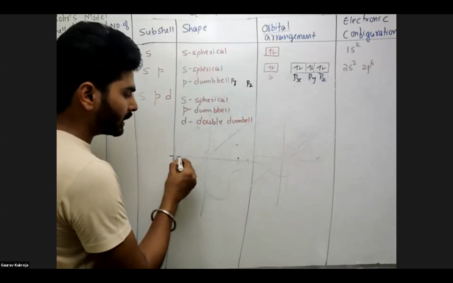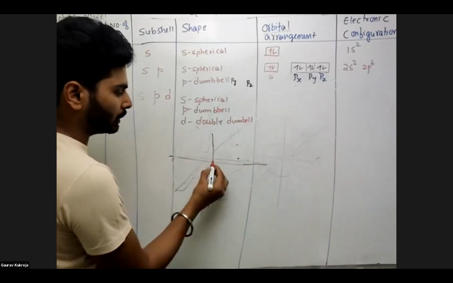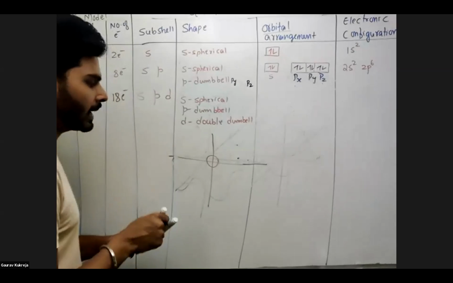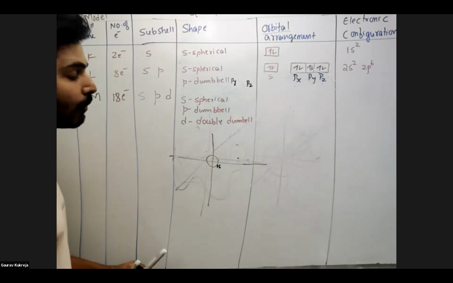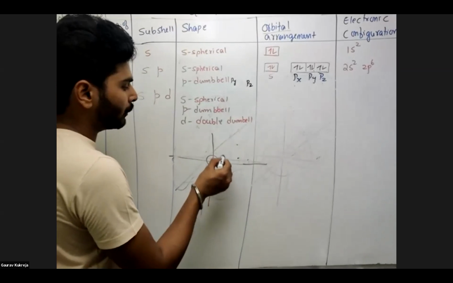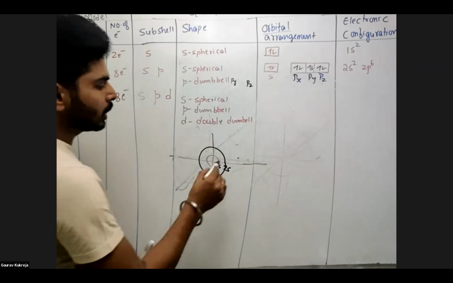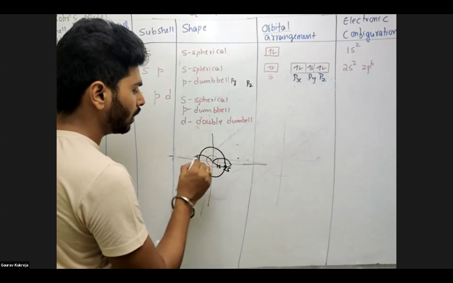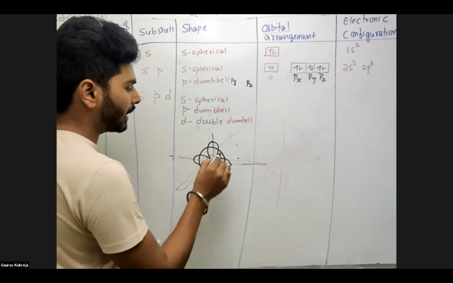Now let us see how it is possible. Let me graphically show that structure. First you just understand spherical. Take a spherical ball, where 2 electrons are revolving, and we called it 1s. After that again a bigger sphere with 2 electrons, we called it 2s. After that there are 6 electrons revolving in dumbbell manner.